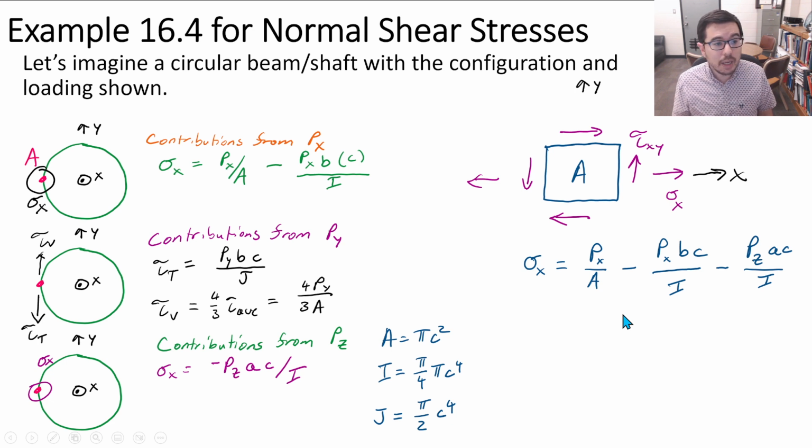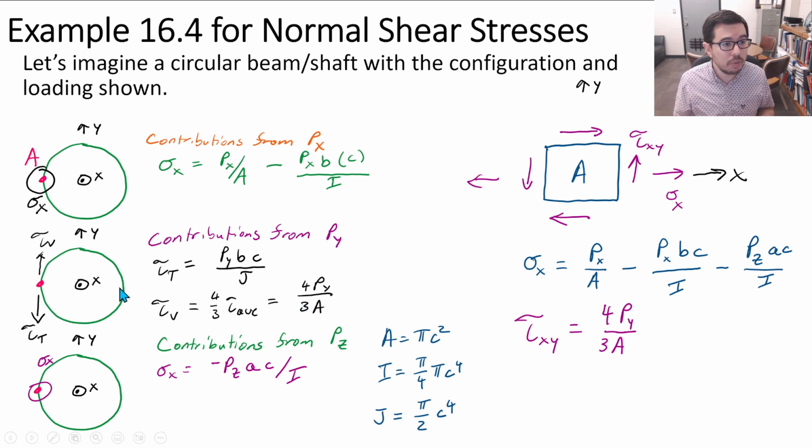For tau xy, we've got to look at the shear stresses on this element. And we see actually py is the main player here, the one we want to keep track of. We have a contribution, tau v, from the transverse shear stress. That's positive.